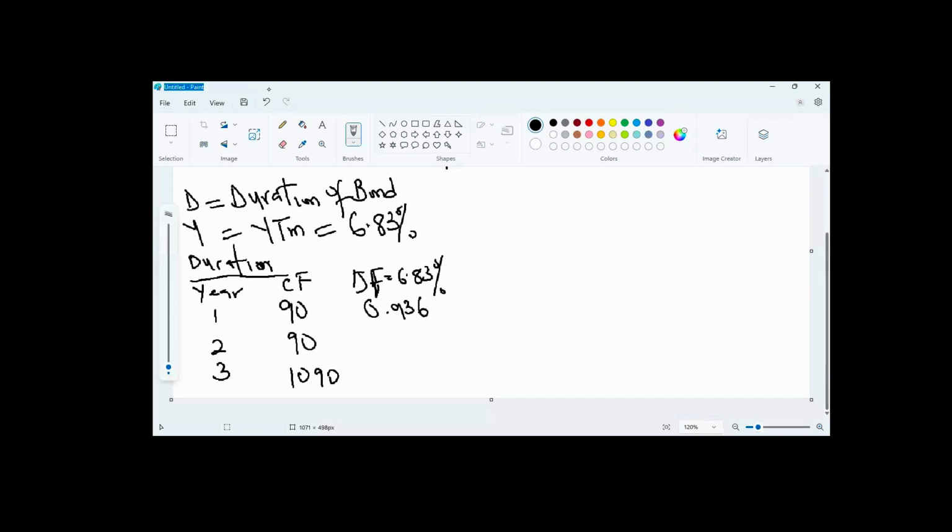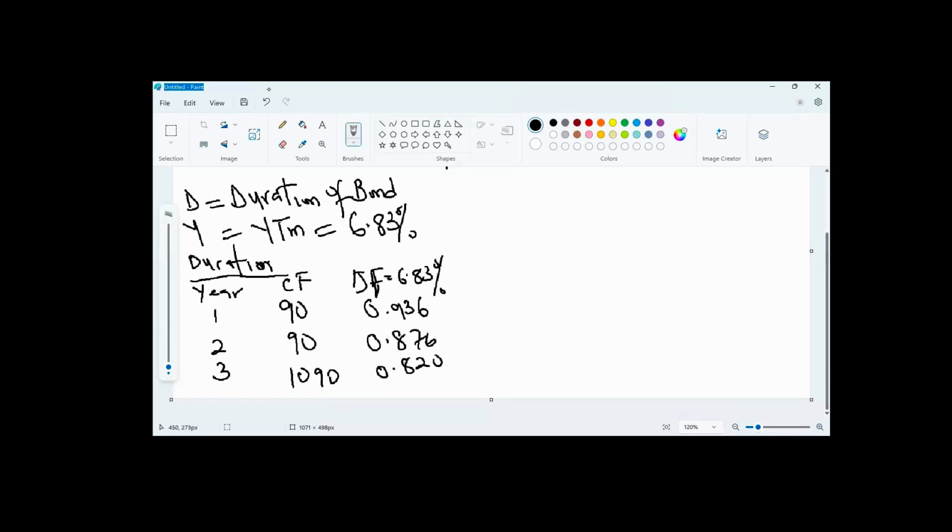For year two, how much? 0.876. For year three, how much? 0.820.